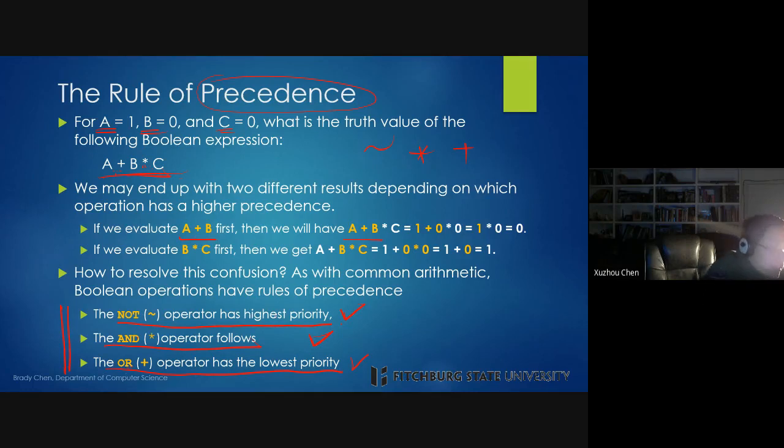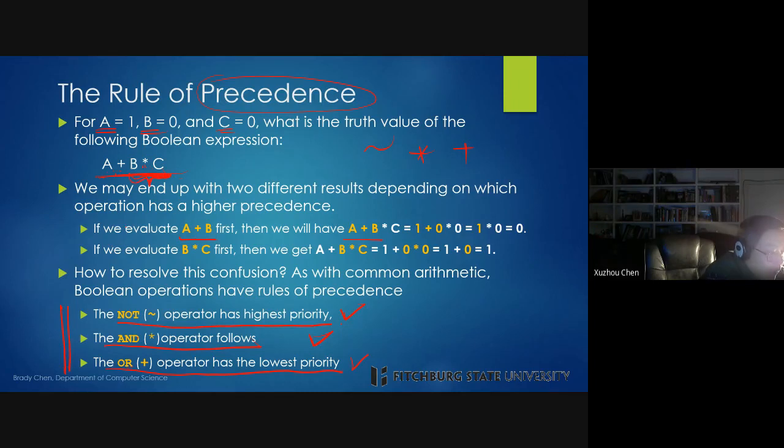That basically says if you have an expression like A plus B times C, then you can figure out, well, there's no not operator. So then we can take a look at the next one, and there's an AND operator. So you can evaluate this one first.